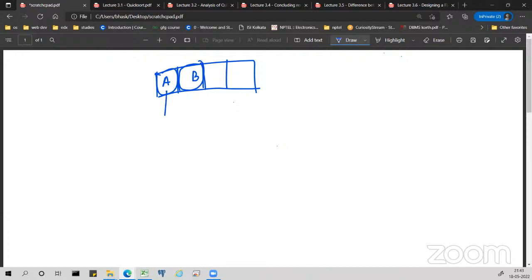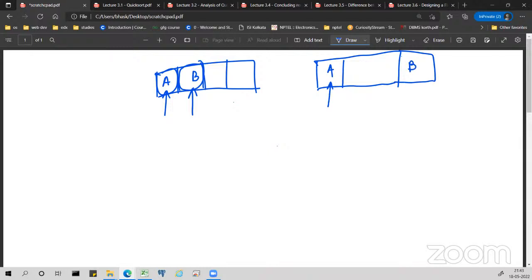So if your algorithm refers to this value and then refers to this value, it becomes easy for the system to do the work. But in the memory, if your values are distributed far away, let's say A is over here and B is over here, right?